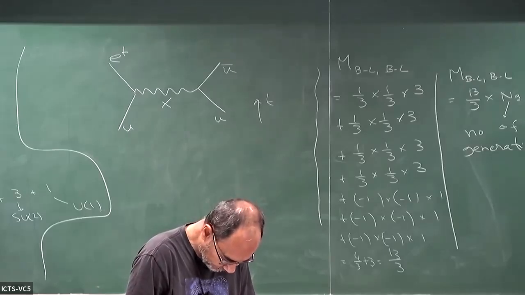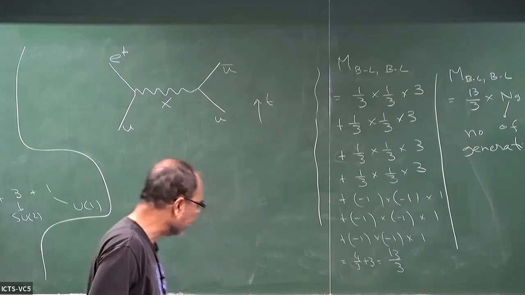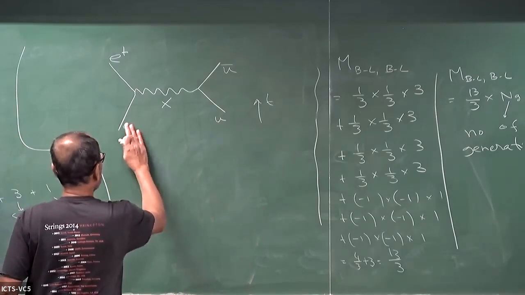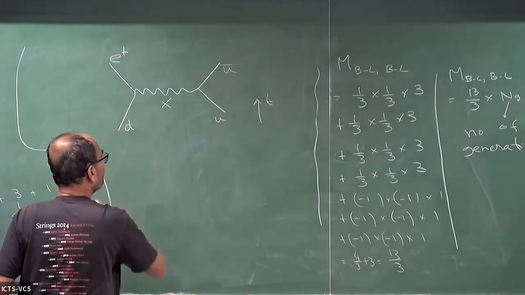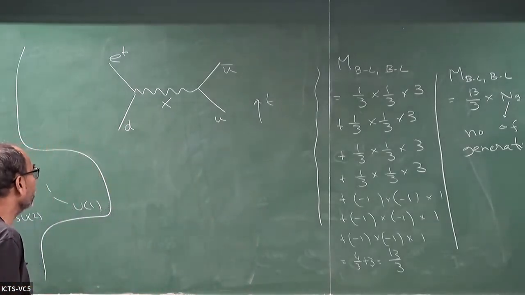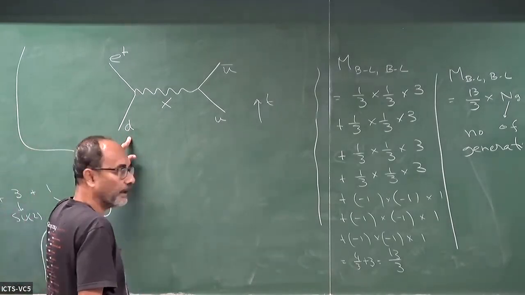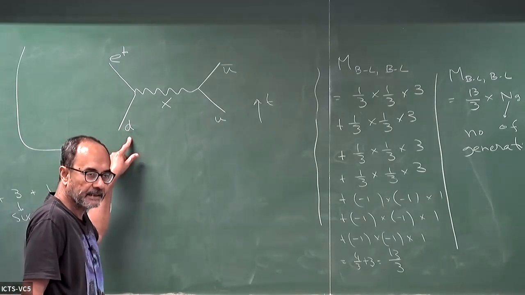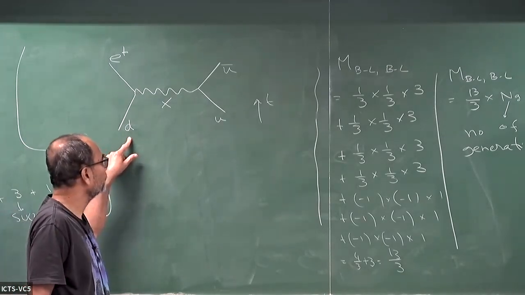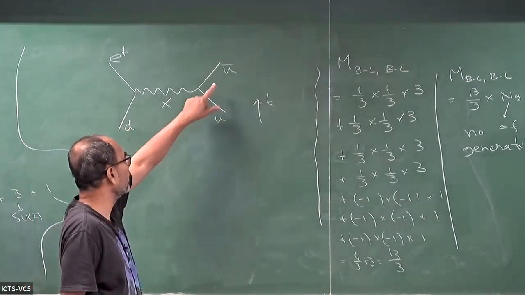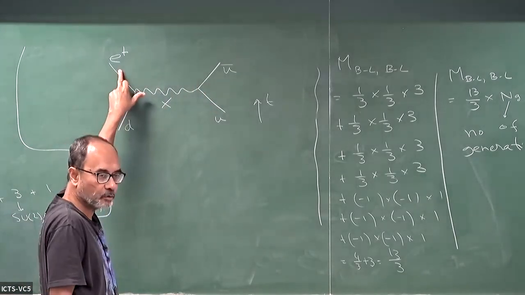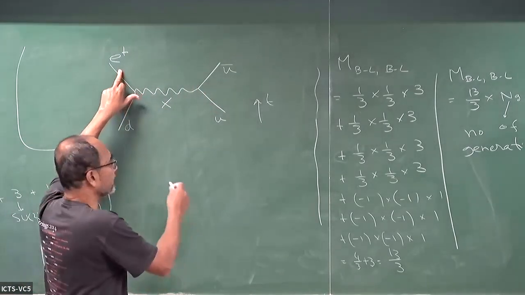Sorry, this is U and D, going to U bar and E plus. Because this has total charge 2/3 minus 1/3. That's 1/3, right? And this is minus 2/3 plus 1. That's also 1/3. So total charge is conserved.